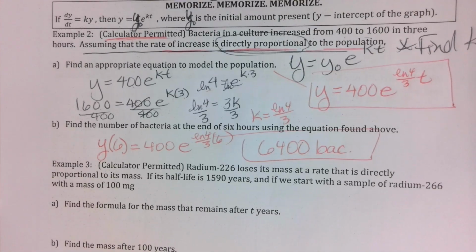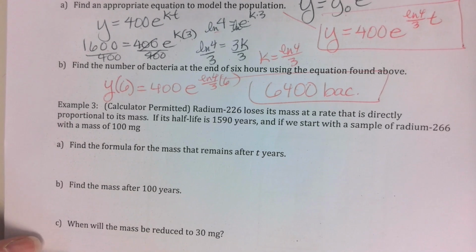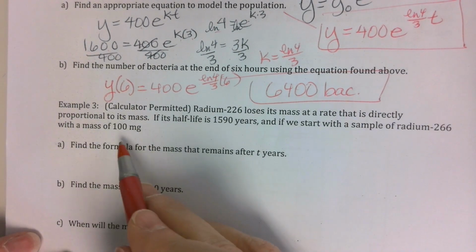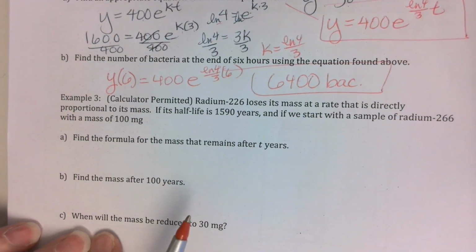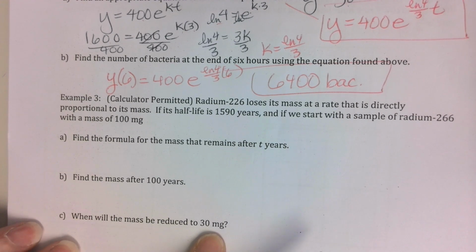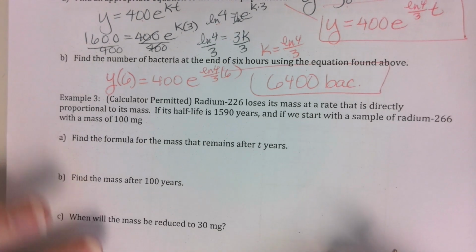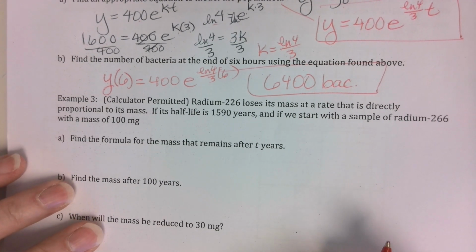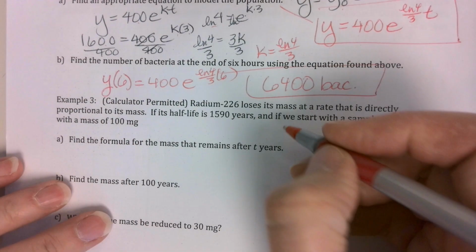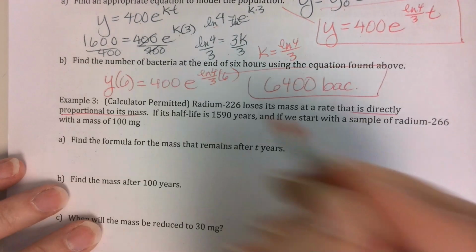Now, the only difference between example 3 and example 2 is when will the mass be reduced to something. So, I guess we can go ahead and do this one. Again, half-life, we know it's directly proportional to the amount.